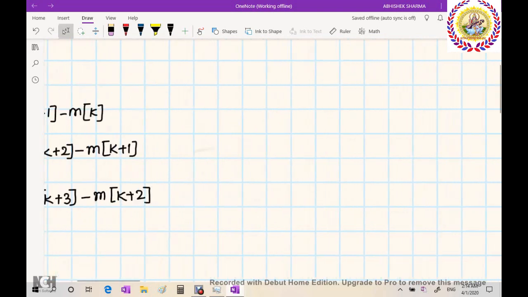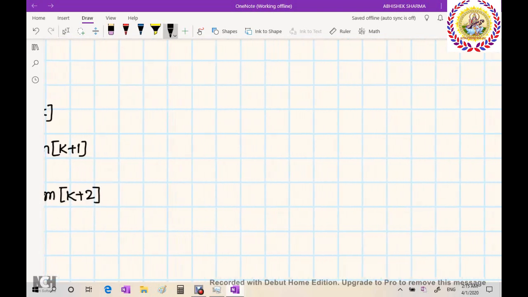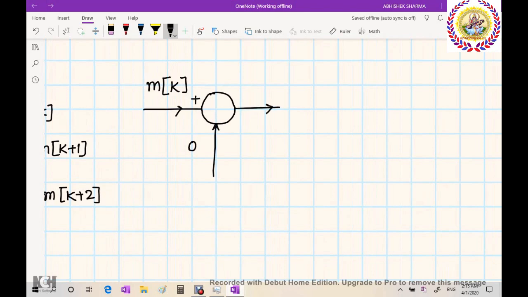Now come to the block diagram of the transmitter. Let us suppose first we have mk and we have to transmit the first difference, which is mk minus 0. So that is plus and this is minus. This is d of k, the first difference, which is nothing but mk minus 0.